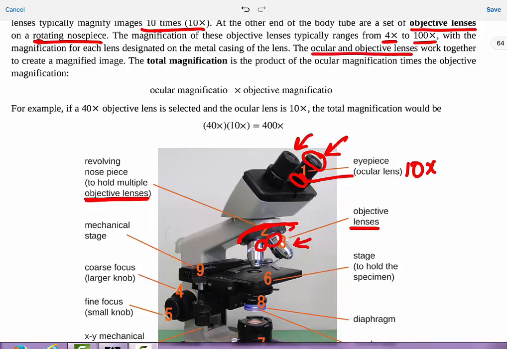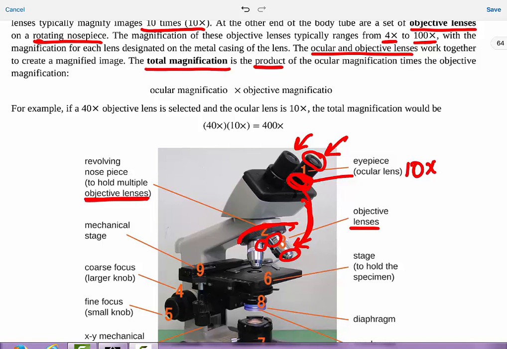The ocular and objective lenses work together to create the magnified image. So this is where the compound microscope part comes in. We have a lens in here, and then we have the lens up here. These two lenses working together give us our total magnification. The total magnification is the product. If you remember some math classes, product is multiplication.